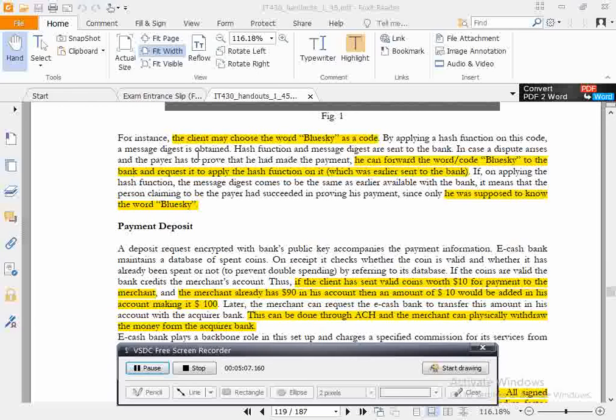The client may choose the word blue sky as a code. He can forward the word or code blue sky to the bank. He was supposed to know the word blue sky.